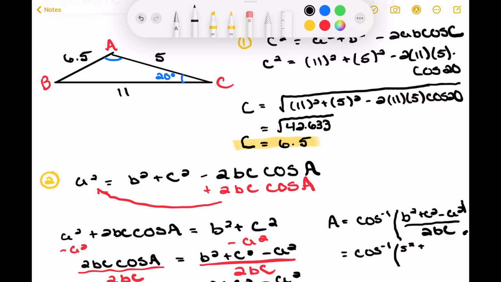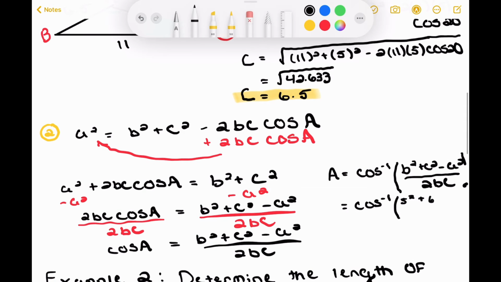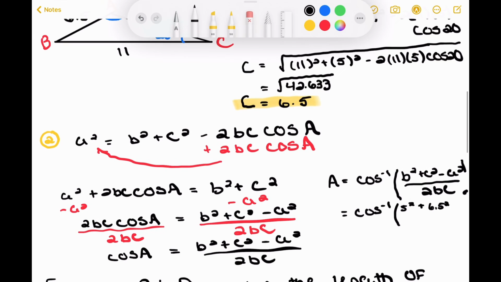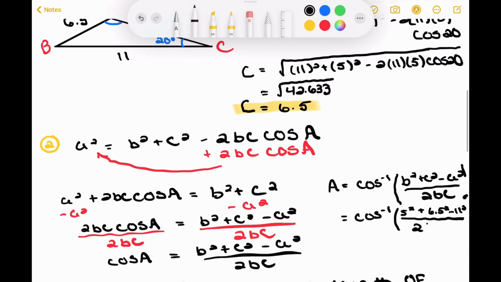We have c, which was 6.5 squared. And then minus a, which was 11 squared. All over 2bc. B was 5. And c was the 6.5. And we can close that bracket.